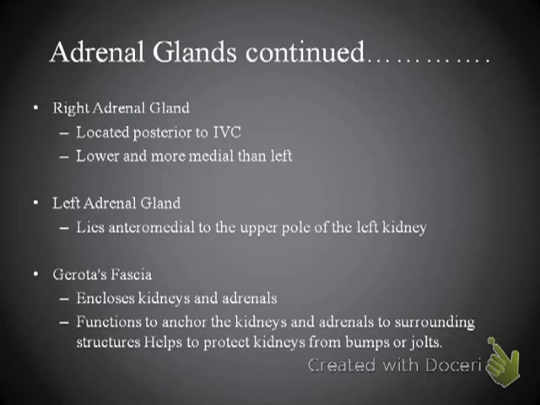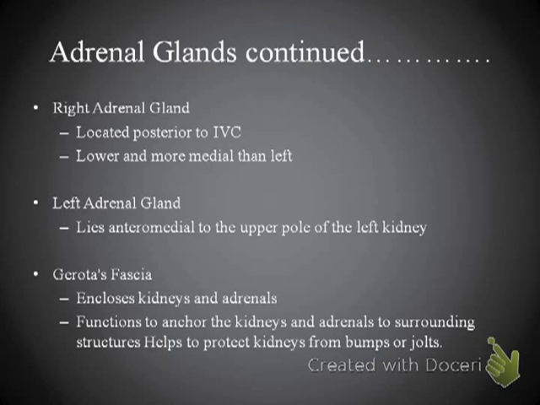It's important to know the difference between the right and left adrenal gland. The right adrenal gland is located posterior to the inferior vena cava, and it's lower and more medial than the left. The left adrenal gland, on the other hand, lies anterior-medial to the upper pole of the left kidney. So basically, we have to keep in mind that there are different positions here.